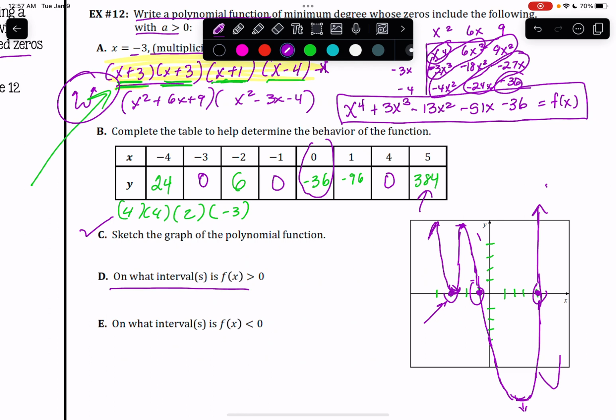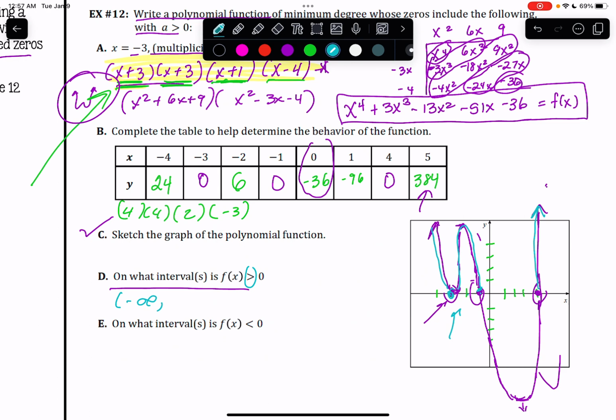Now, on what intervals is f of x greater than 0? I'm going to use a different color, and I'm greater than 0 here. Now look, it says greater than 0. I equal 0 here, so I'm not going to be able to say that point. And then I am still greater than 0, still greater than 0, till I get to that point. And then again, I'm going to be greater than 0 over here. So we want negative infinity, and then this zero was at negative 3.